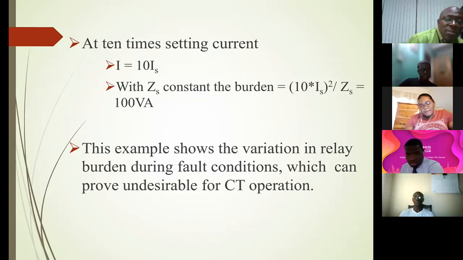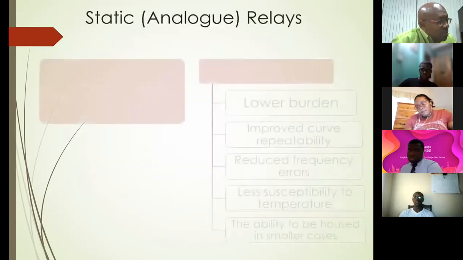Okay, so next we talk about static relays. We have just dealt with the electromechanical, and we have been talking about it quite a bit. A lot of what I have said is repeated material. Now we want to move to your static relays.